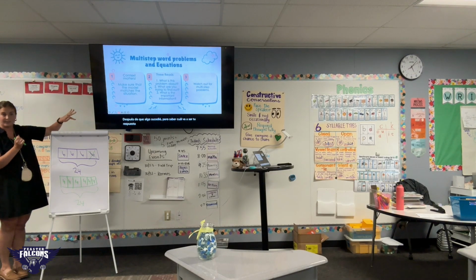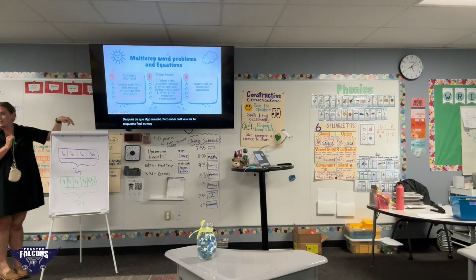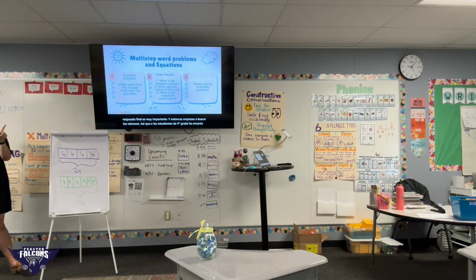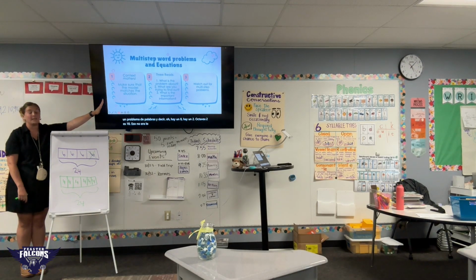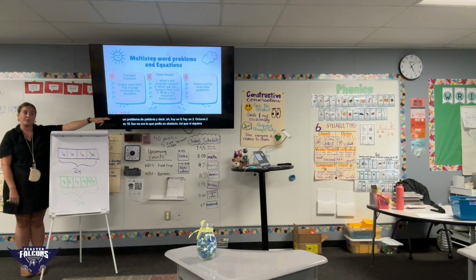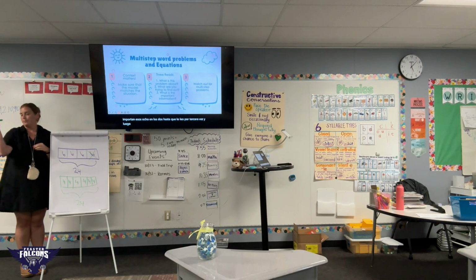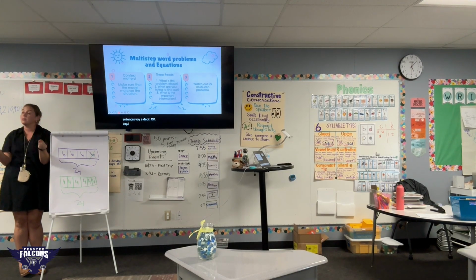And then you start to look for the numbers. So 4th graders love to read a word problem and say, oh, there's an 8, there's a 2, 8 plus 2 is 10. That was not what it was asking at all. So I don't even care about that 8 and the 2 until I'm reading it for the 3rd time. And then I'm going to say, okay, here's my 8, here's my 2, what do those numbers mean?